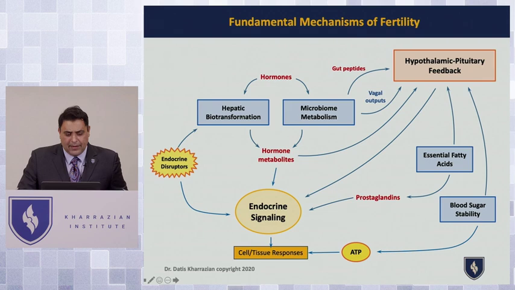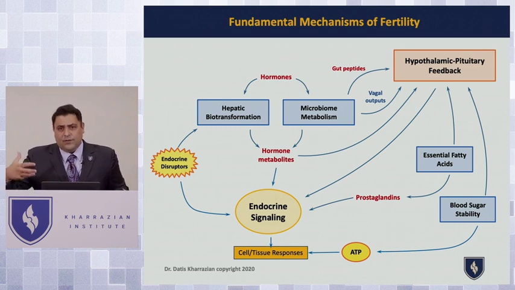When you look at hepatic biotransformation and microbiome metabolism, what's really important to understand about how the endocrine system works is that your endocrine glands, whether it's your ovaries or the testes or the thyroid, produce a quantity of a specific hormone, and they just put this out there into the bloodstream.